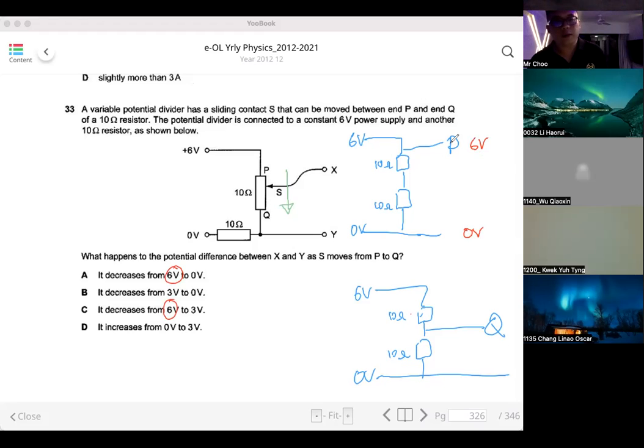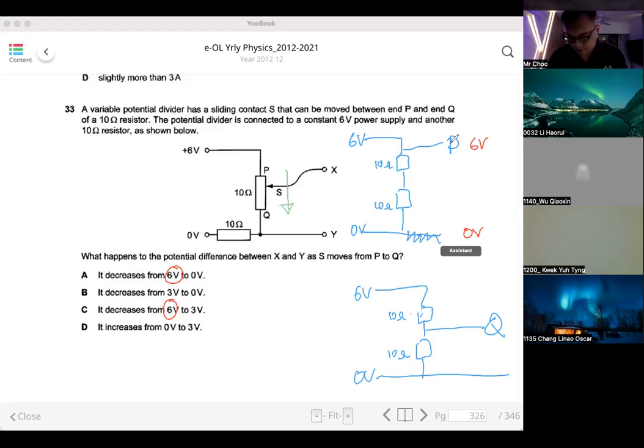Bei Kwan, correct. Hey, wait, hold on. Did I do something wrong? Okay, sorry, I did something wrong. My drawing is wrong. Okay, ignore this.